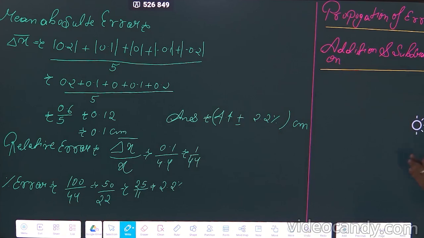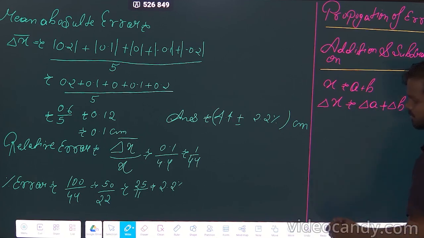You have to do a simple thing. Suppose x is equal to a plus b. So how the error will propagate in x, that is, delta x is equal to delta a plus delta b. So it will be added.